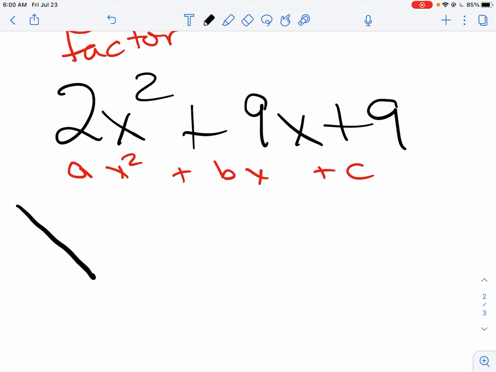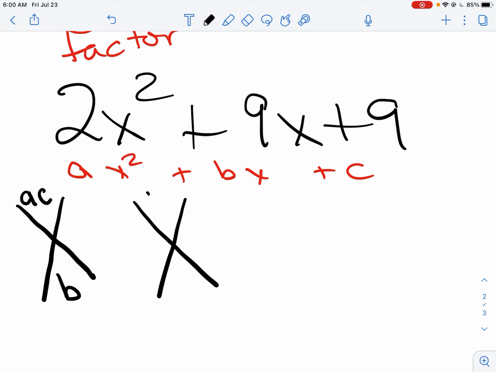The very first thing we have to do, and I'm going to make an x off to the side here, is we're going to multiply a and c together, and we're going to put b down here. So when I multiply A and C together, that gets me 18. Then I'm going to write B down.